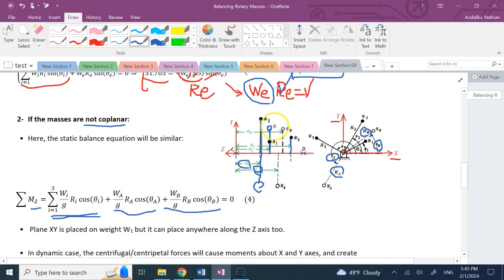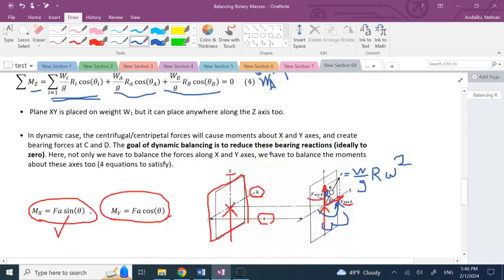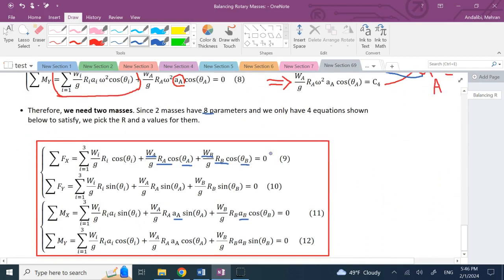So put WB right here. That will take care of the A's for these two objects. We don't want to add more shafts to your rotating object. So these A's are decided. So now I'm only down to 6 parameters.